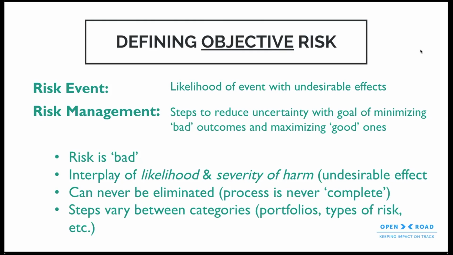There is no such thing as zero when it comes to risk management. And therefore, the process of risk management is continuous, a feedback loop. It is a process that is never, quote, complete, because you can never reach zero risk.